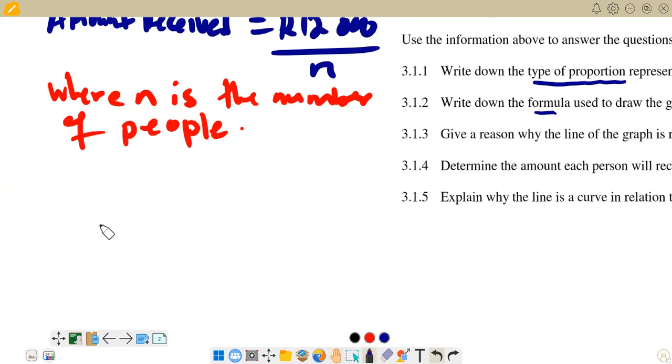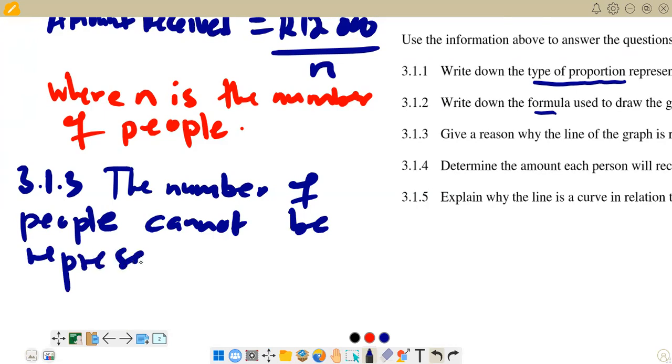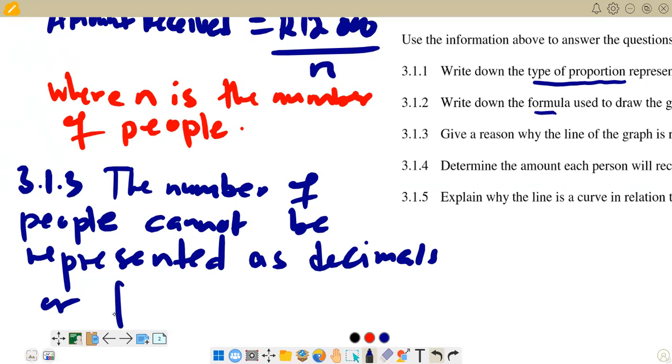The reason that we can give there is that the number of people on the horizontal axis cannot be written or cannot be represented as decimals or fractions.